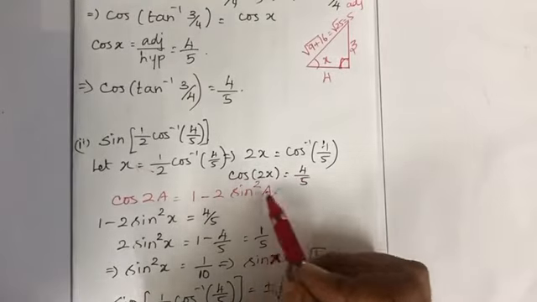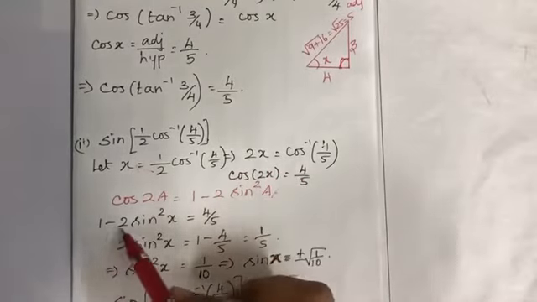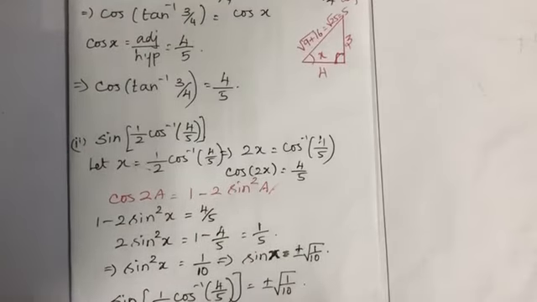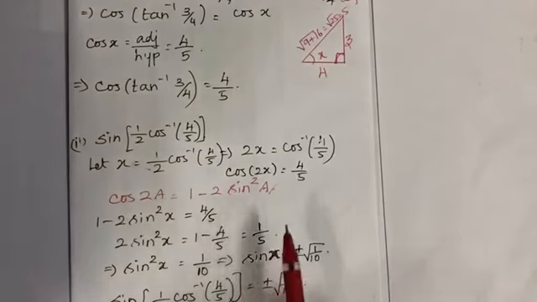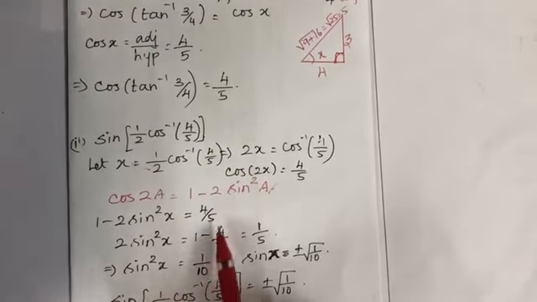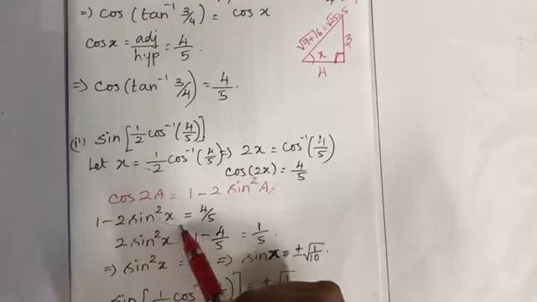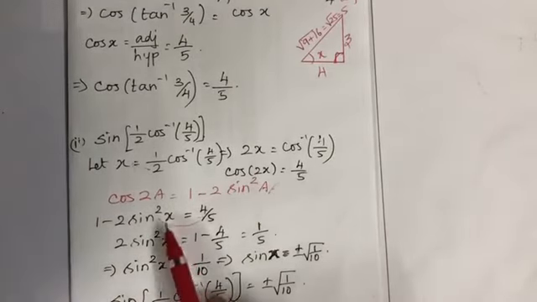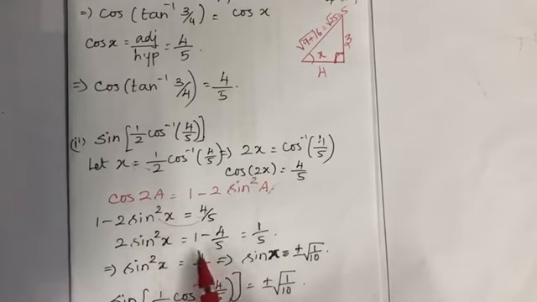So instead of cos 2x, I write 1 minus 2 sin square x. So 1 minus 2 sin square x is equal to 4 by 5. That is 2 sin square x is equal to 1 minus 4 by 5. 1 minus 4 by 5 is equal to 1 by 5.